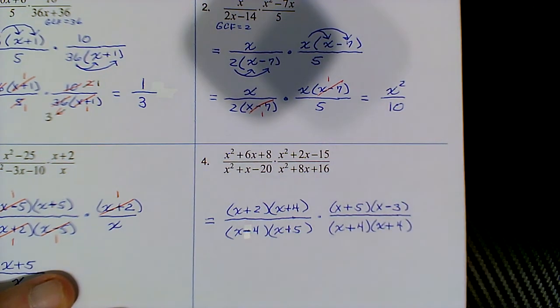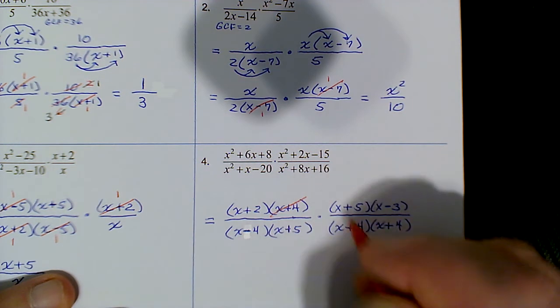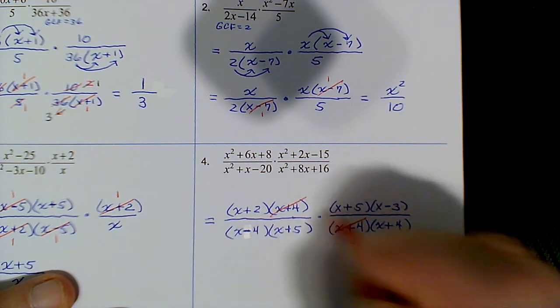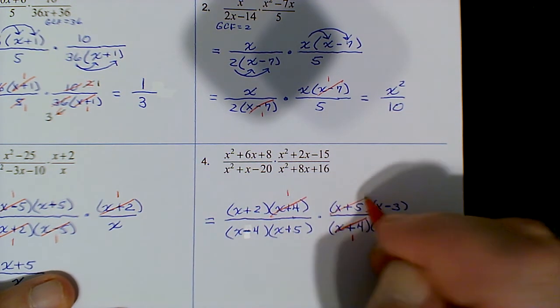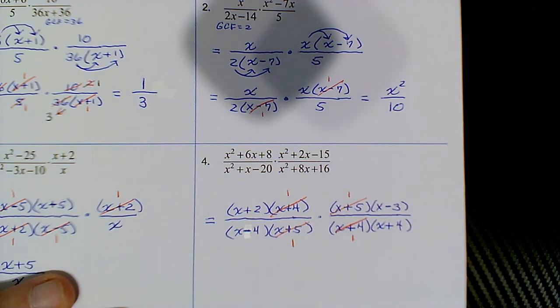Okay, so now the cancellations. So anything in the numerator with anything in the denominator. So checking term by term, this x plus 4 can go away with one of these. This x plus 5 can go away with this one. And it looks like that's it.